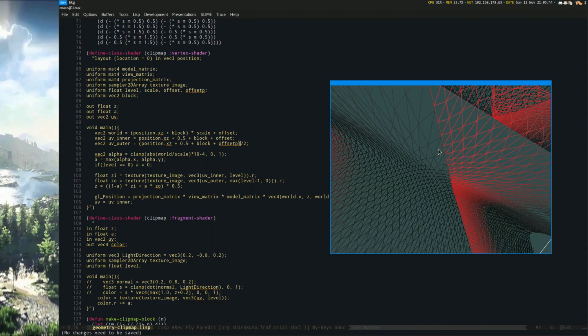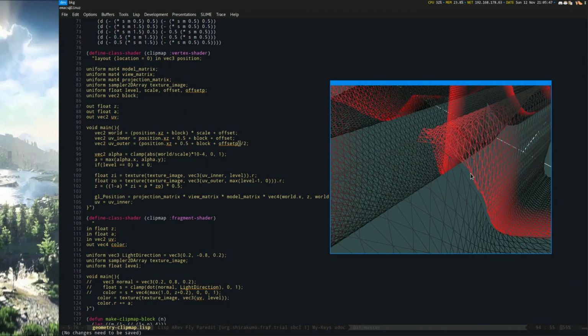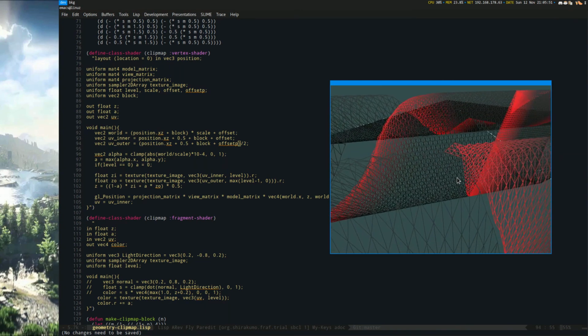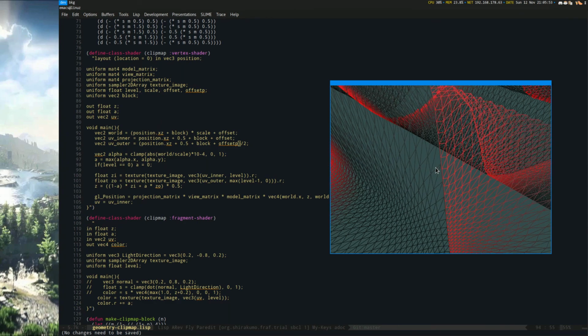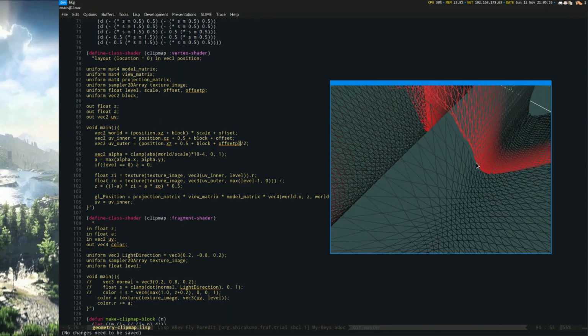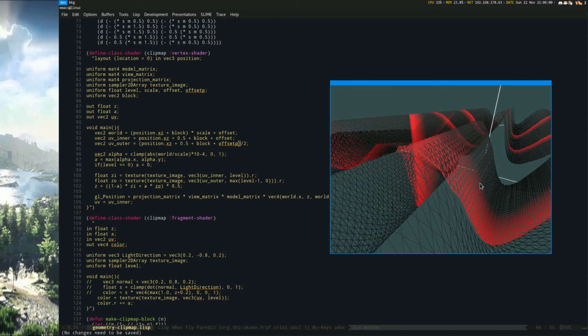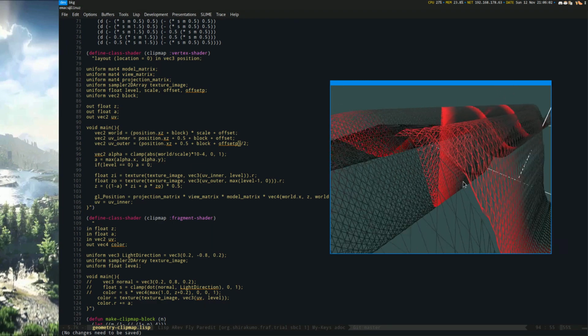So... There's still ridges though. Where is this coming from?